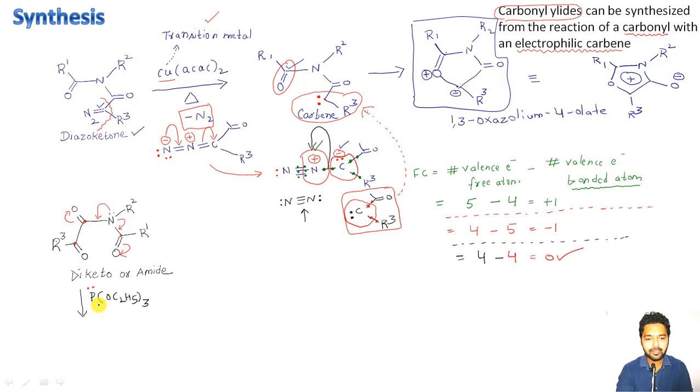So that now I can show the attack here like this on this carbon atom, sending these 2 pi electrons onto the oxygen atom, resulting in the generation of R3. This will now become oxygen negative here, and on this carbon atom what will be present is a phosphorus having OC2H5 thrice, right?